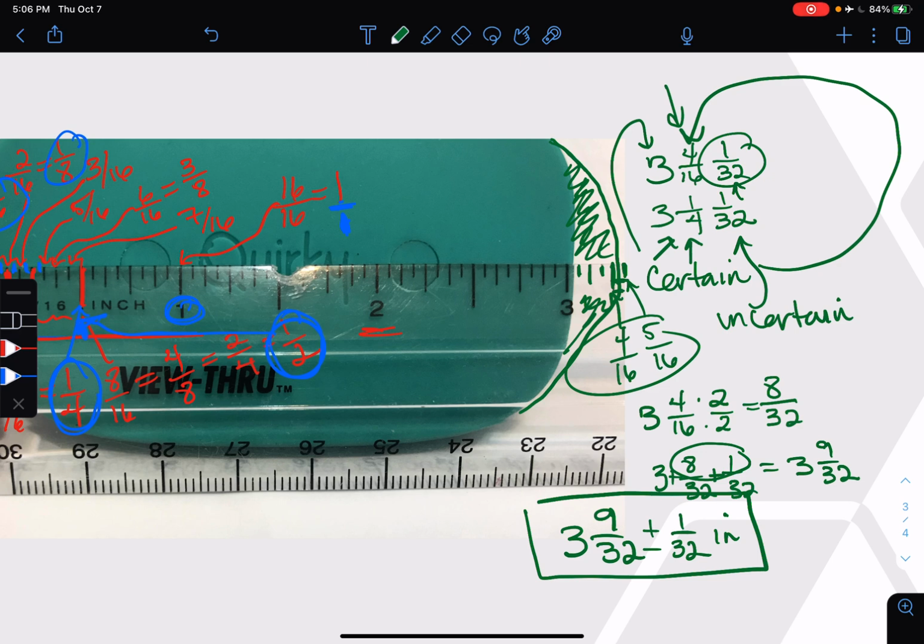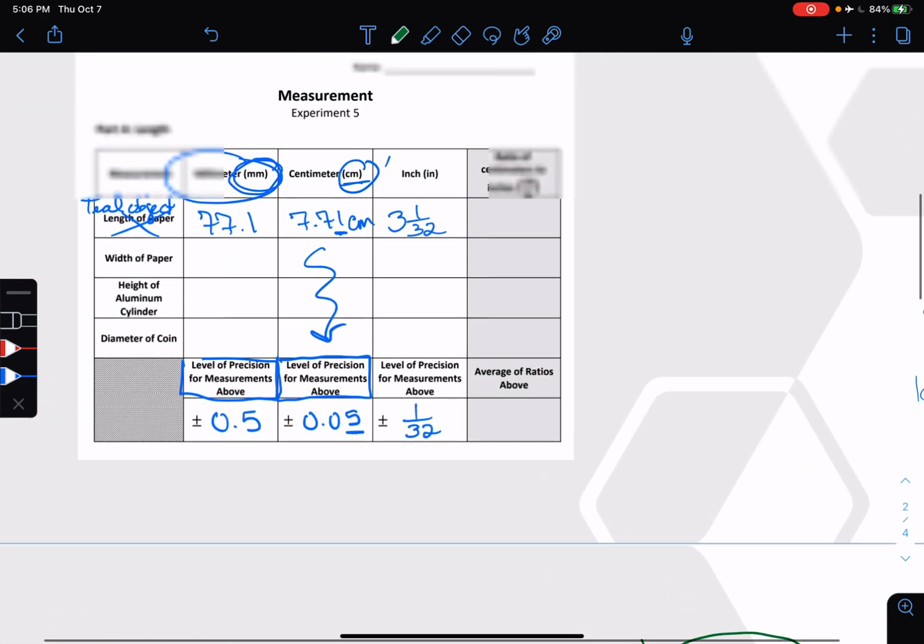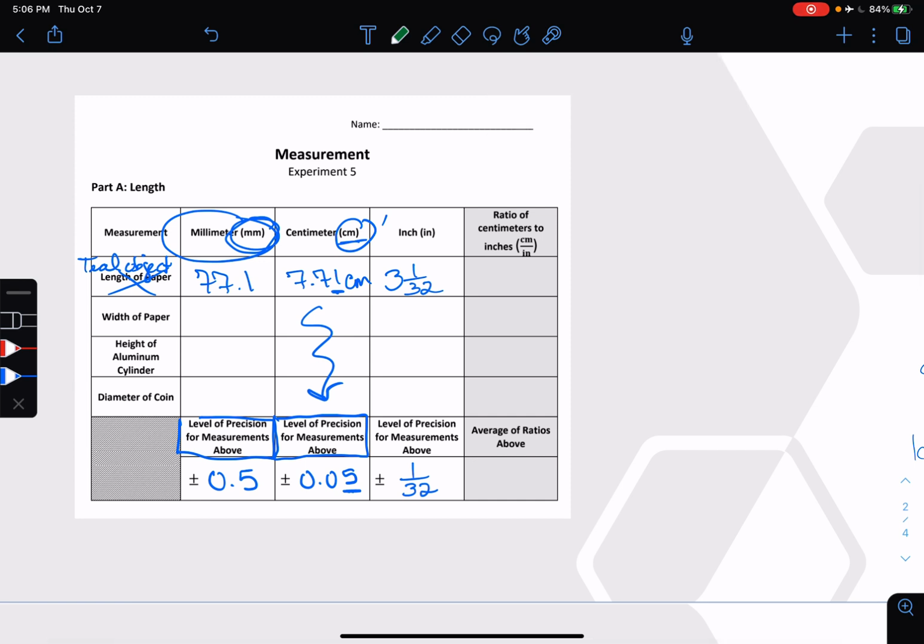Alrighty, so the last thing I want to talk about is the right-hand column on your lab for part A, and that's your ratio of centimeters to inches. Now, in chapter 1, what we learned is that for every 2.54 centimeters, we have 1 inch. That's a metric to imperial comparison, and that is exact.